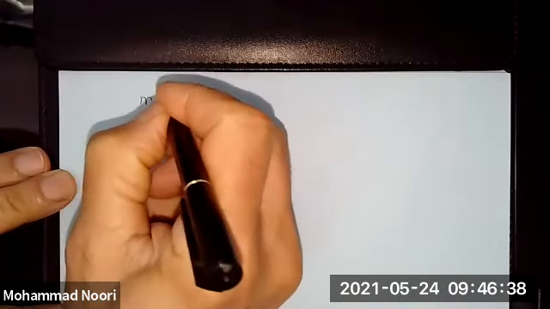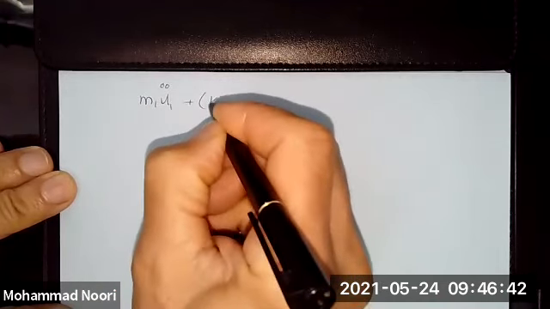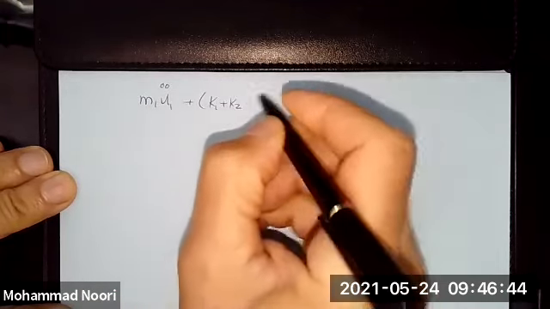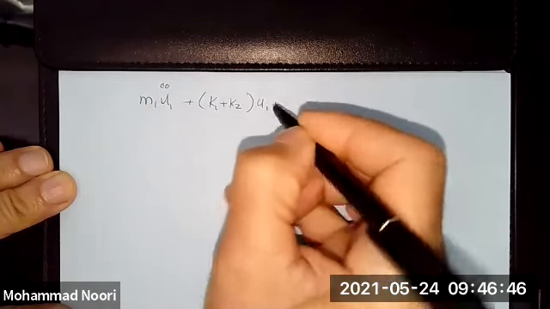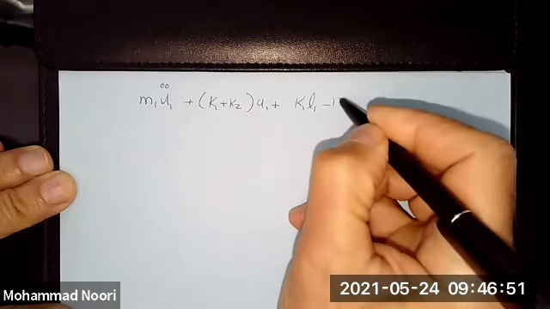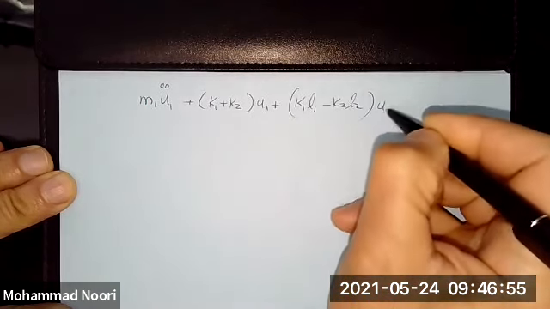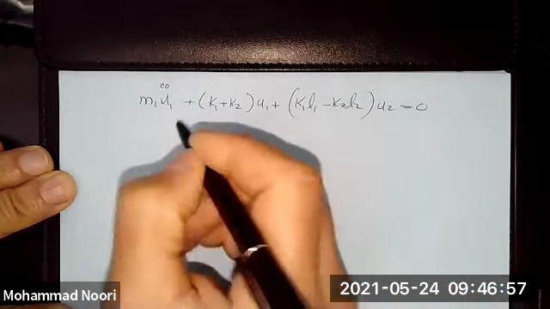M1 U1 double dot plus K1 plus K2 U1 plus K1 L1 minus K2 L2 times U2 is equal to 0.